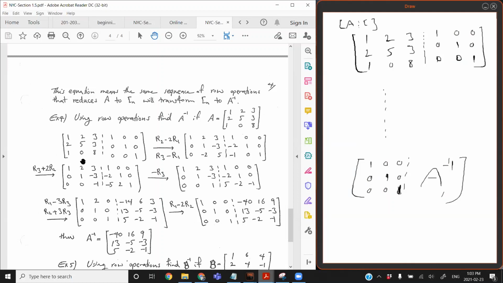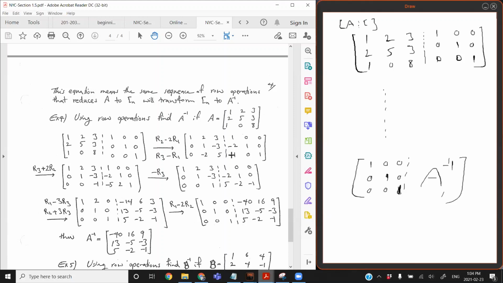Negative 2 times this to 5 gives you 1. Negative 2 times this, negative 6 added to this gives you negative 3. And negative 2 times 1 added to 0 gives you negative 2 here. And negative 1 times this to this 0, negative 1 times this to this negative 2, negative 1 times this to this 5, and negative 1 times the 1 here added to 0, negative 1.